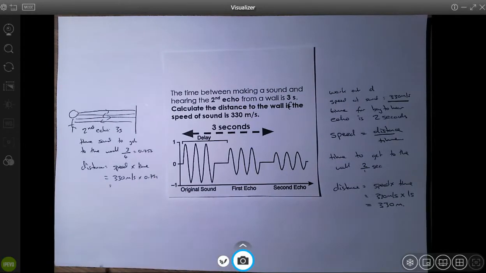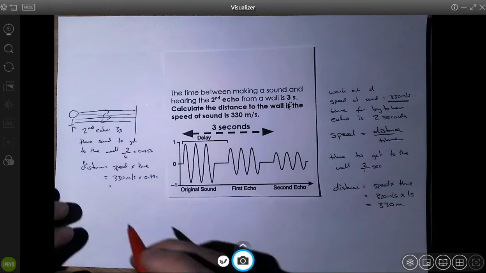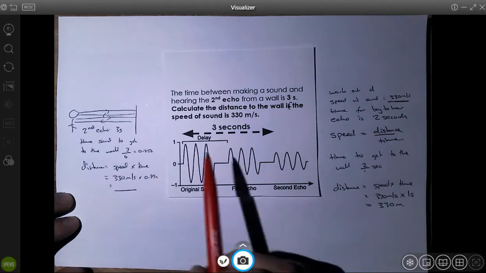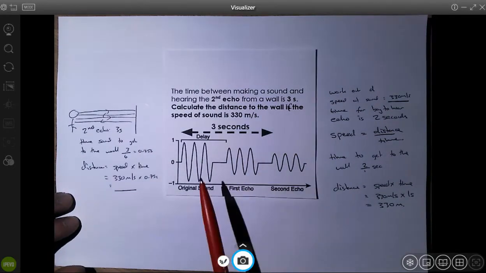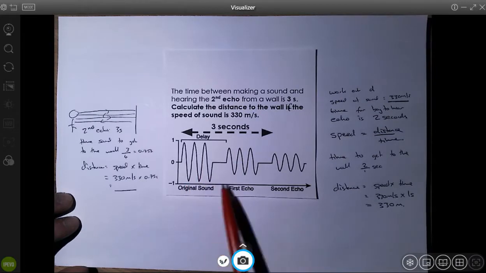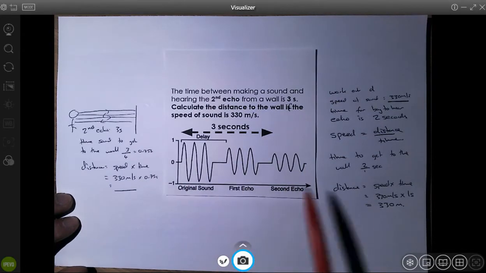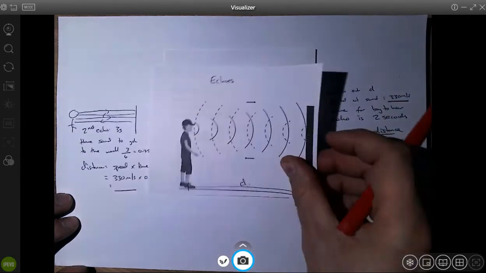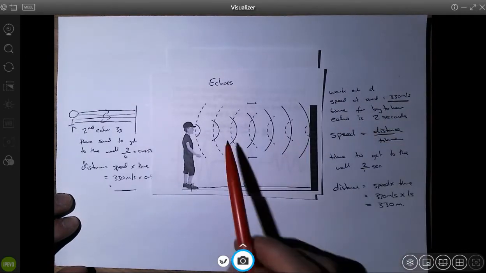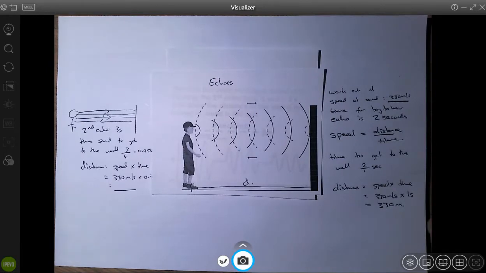Plug that into our calculator and we get our answer. So same idea, but they've just tried to confuse it a bit with a graph of a sound wave with a weird axis. But it's exactly the same idea. So this kind of picture here is really crucial for students' understanding.